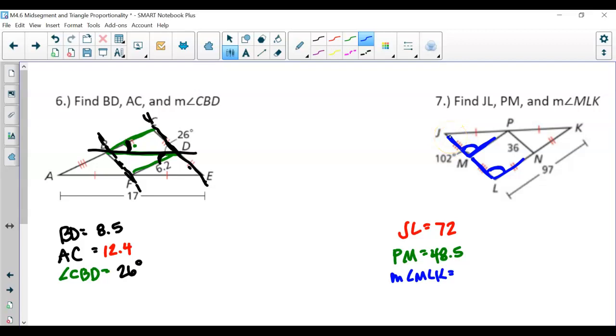This one's a little different, but we have these pairs of parallel sides along our transversal. What is the relationship between these two angles? They're corresponding, and corresponding angles are always congruent. So if this angle is 102 degrees, then the measure of angle MLK is also 102 degrees.